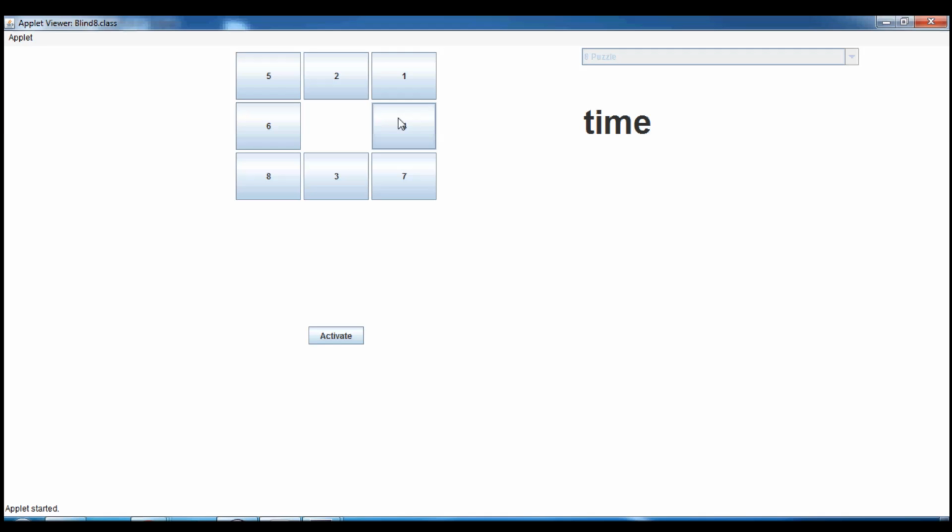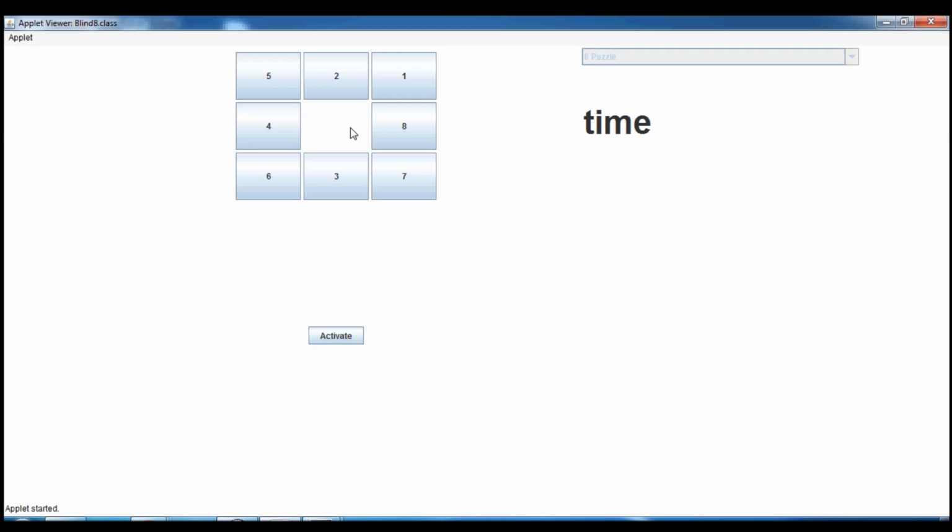Recall that for X we perform DR dash, DL, then DR. So the inverse of DR dash, DL, DR will be DR dash, DL dash, DR. So we'll perform DR dash, DL dash, DR.